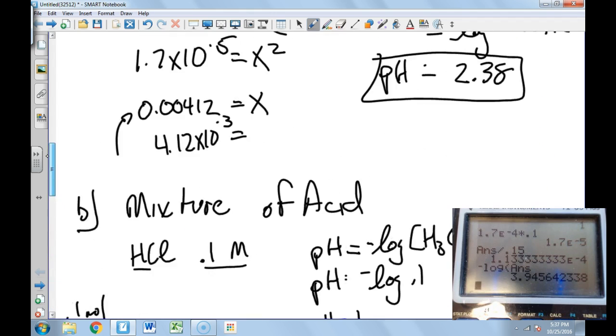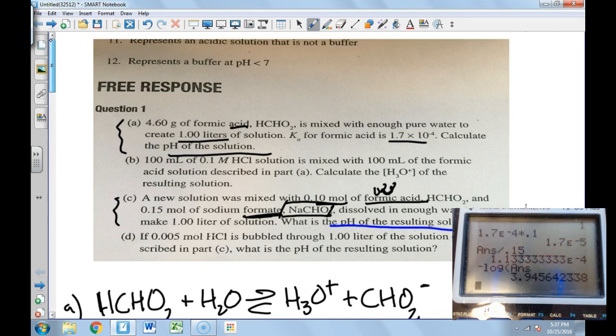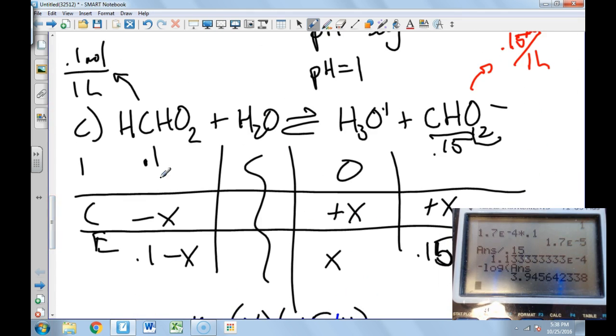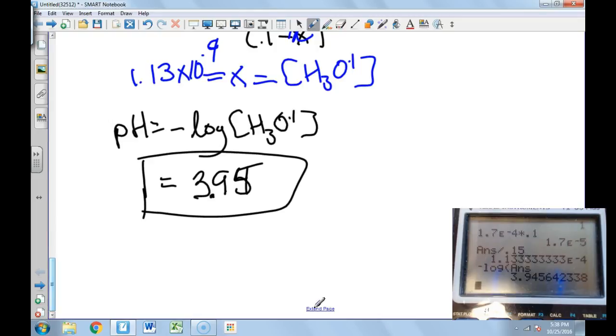Now for part D, it says we're going to take this mixture and bubble HCl through it. So this is part of our titration. We're going to take a buffer and add an acid to it.